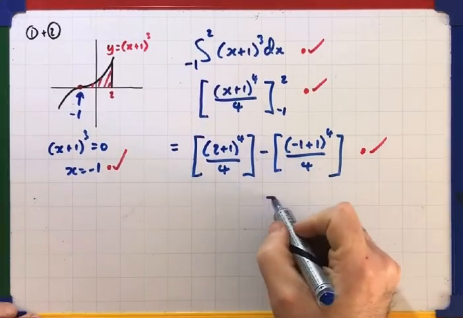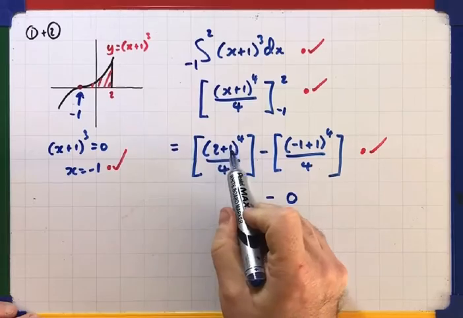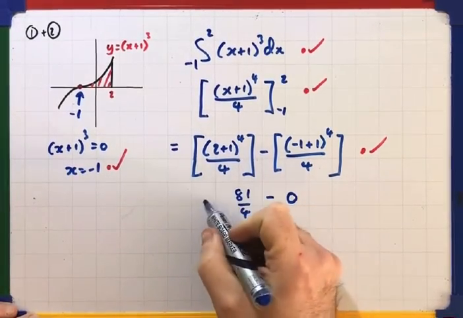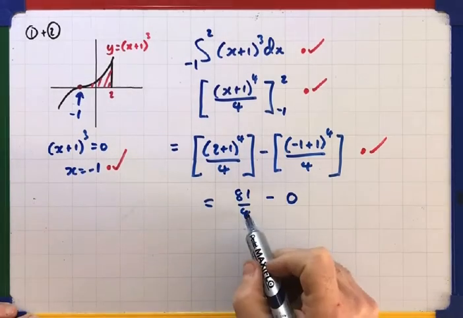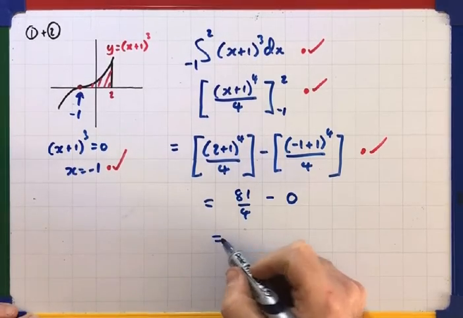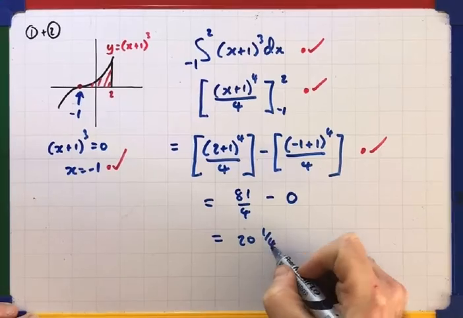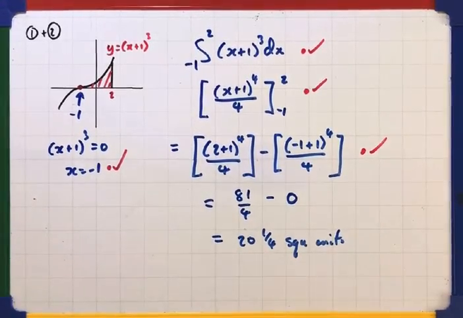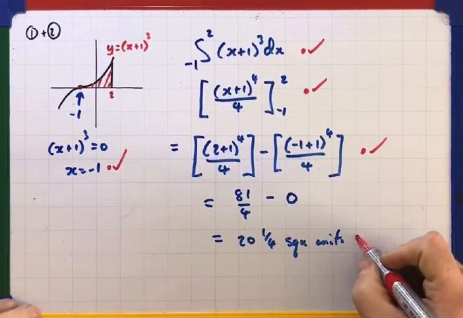That's 0. This is 3 to the power 4, which is 81 over 4. Okay, 81 divided by 4 is 20 1/4. So 20 1/4 square units. 1 mark for your final answer there.